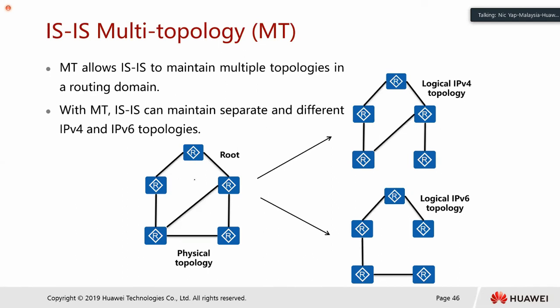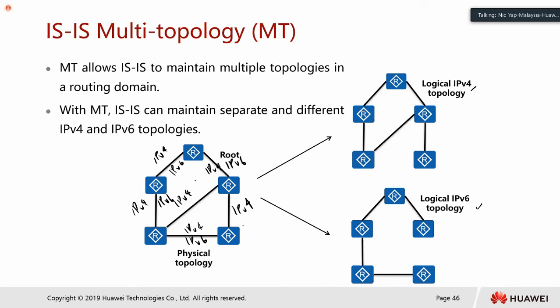So this is how the physical topology looks. But I can define this as my logical IPv4 topology, and this as my logical IPv6 topology. So this is the basis of my calculation. Even if something is not configured over here, it's not necessary that I configure IPv4, IPv6, IPv4, IPv6 on every link. It does not necessarily need to be the same on the interface.